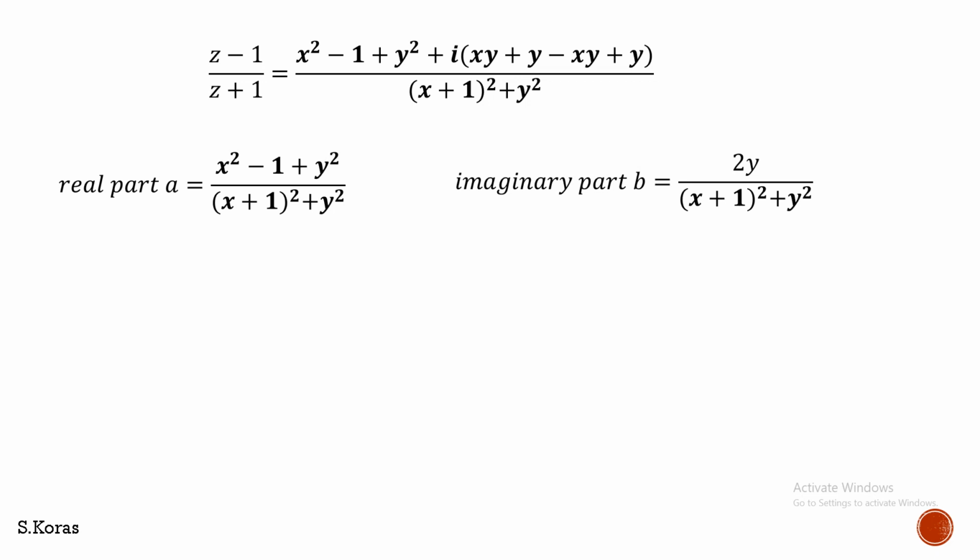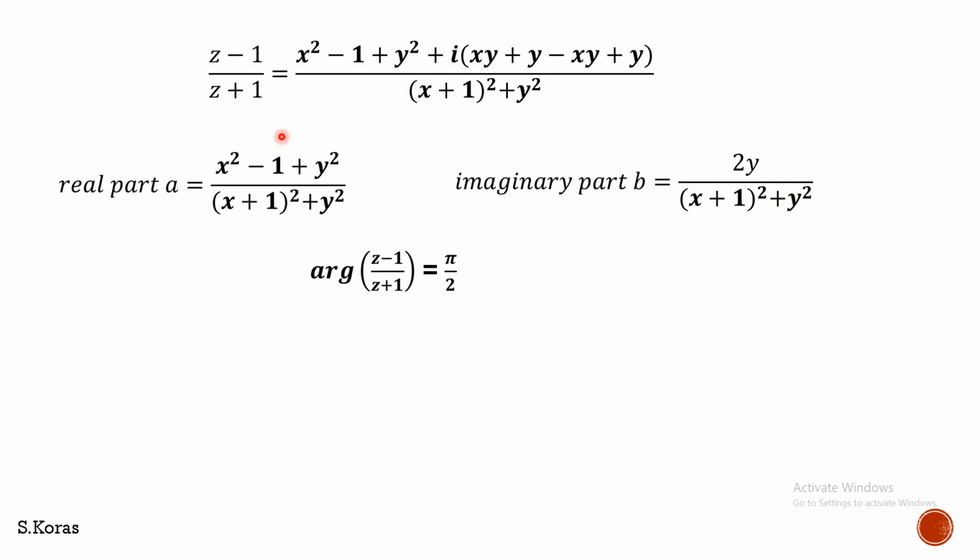Right. Now let us go to the condition that the argument of that complex number should be equal to pi by 2. That is, argument of z minus 1 by z plus 1 is equal to pi by 2. We know the formula for this argument, that is tan inverse of b by a. b is our imaginary part, this one. a is our real part, this one.